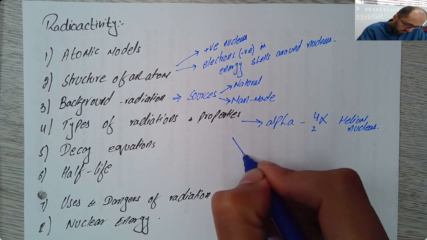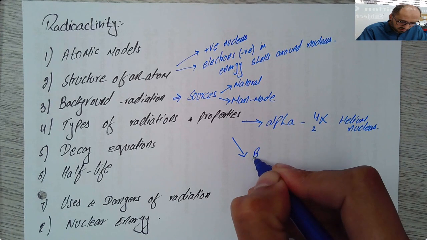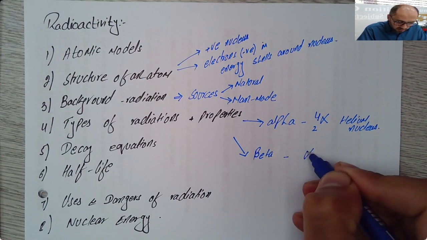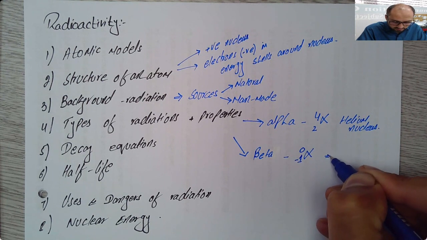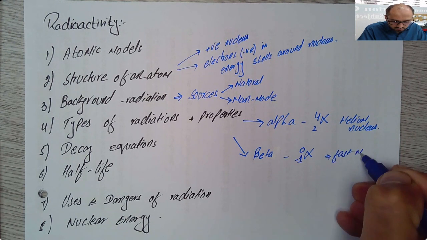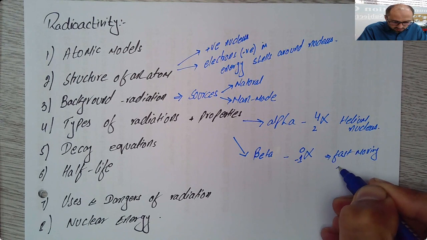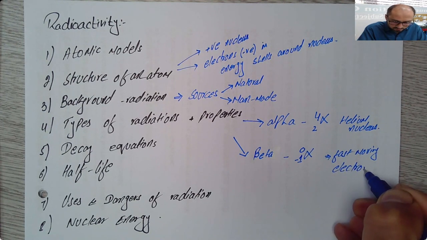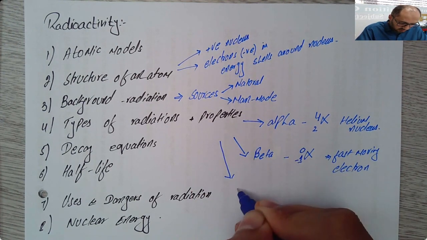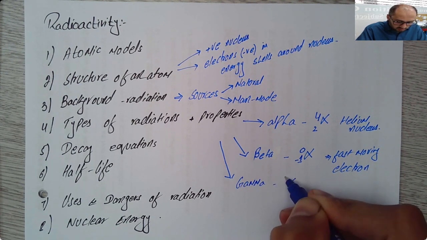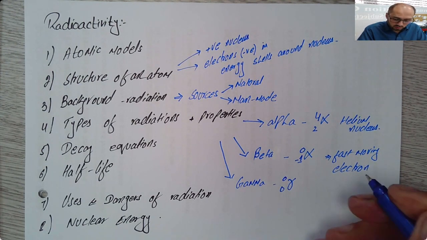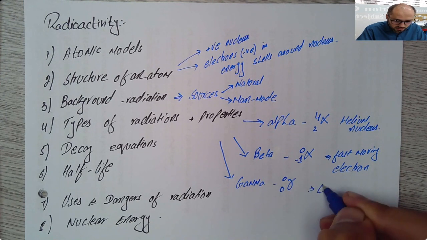Then we have beta, which is a fast moving electron, has a mass of 0 and a charge of -1. And the last one is gamma, which has no mass and no charge, and it is an EM wave.